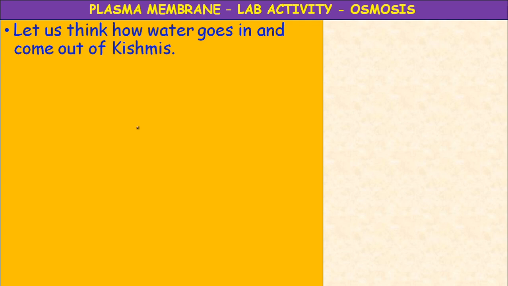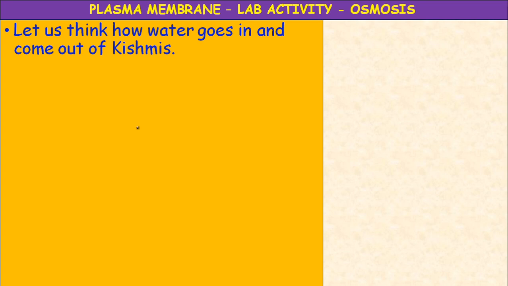And we have also done another experiment in which we kept that swollen kishmish in a saturated sugar solution, and after overnight we observed that the water from the swollen kishmish comes out and the kishmish shrinks.